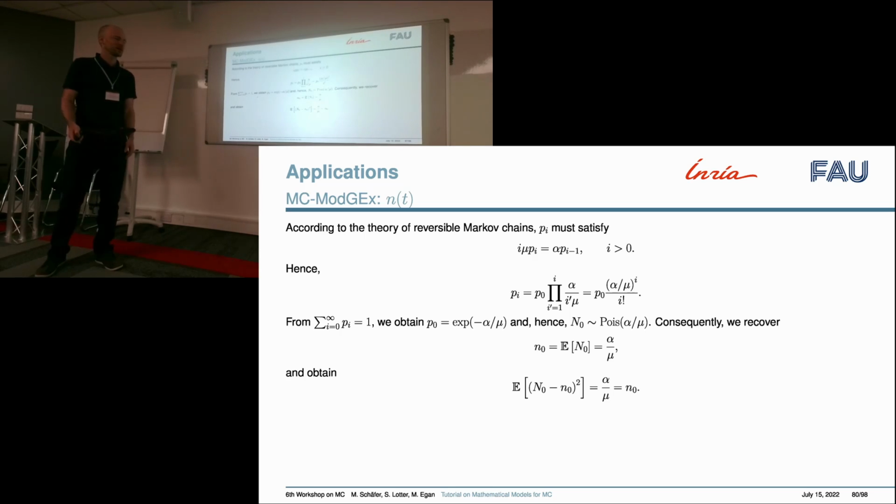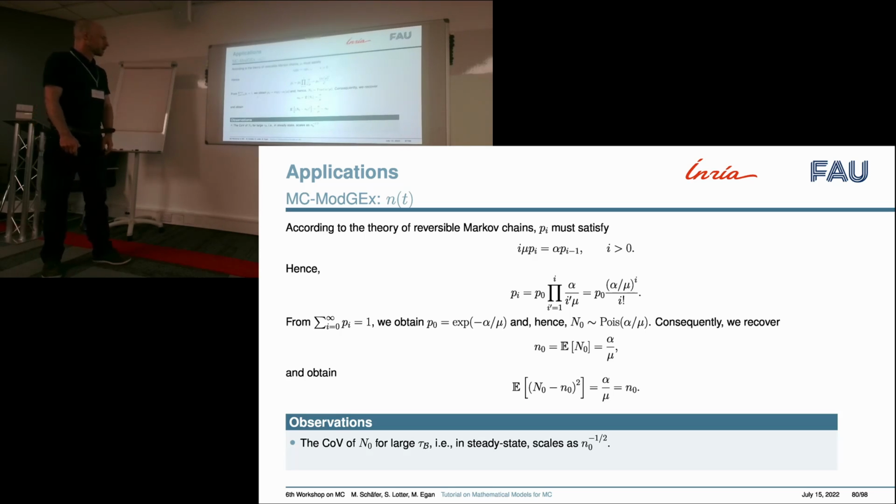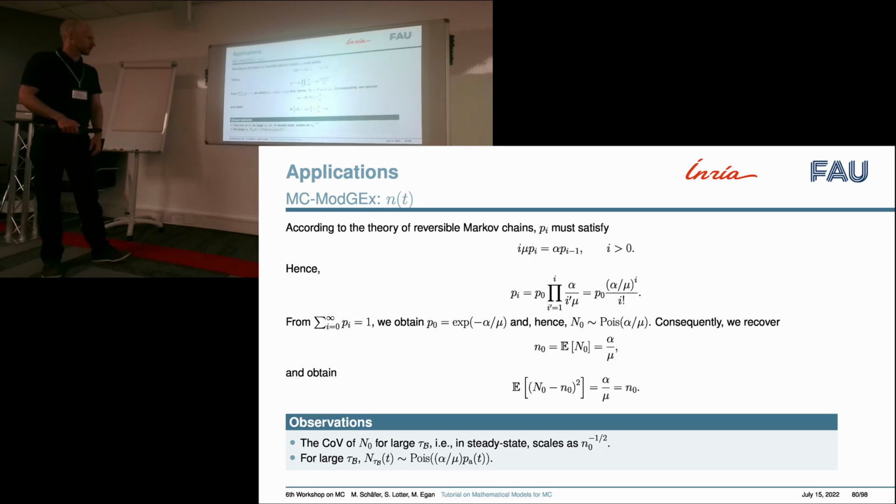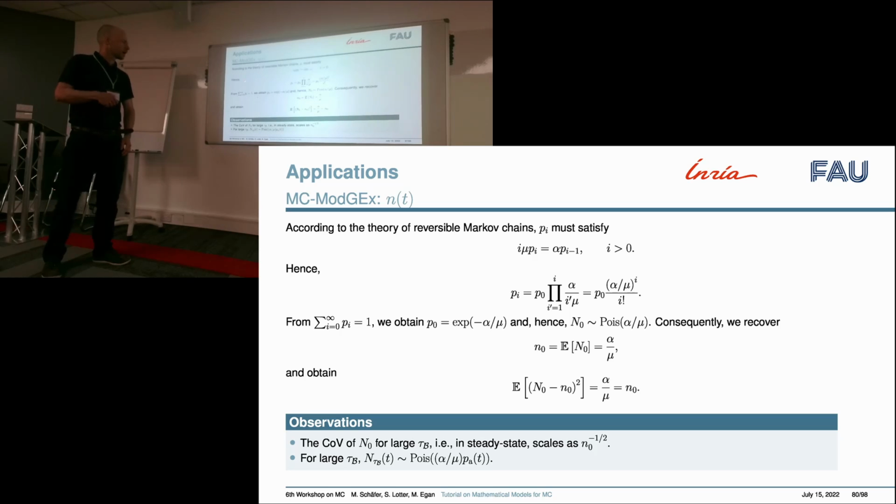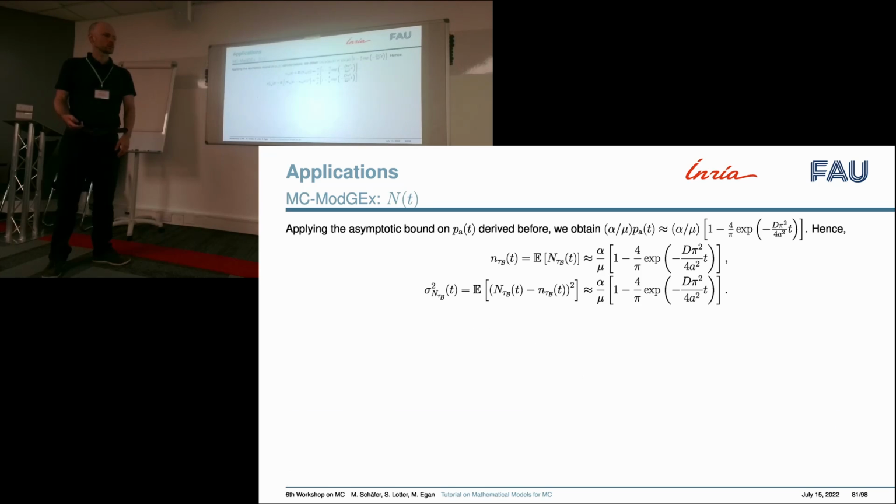It can be shown. Some people have already shown it. So in the end, the number of molecules that we observe at the receiver, taking into account the randomness of molecule production at the bacteria cell, will be a Poisson distribution. And here, the mean of the Poisson distribution scales with both, basically, the system parameters of the chemical reaction network and also the system parameters of the diffusion process.